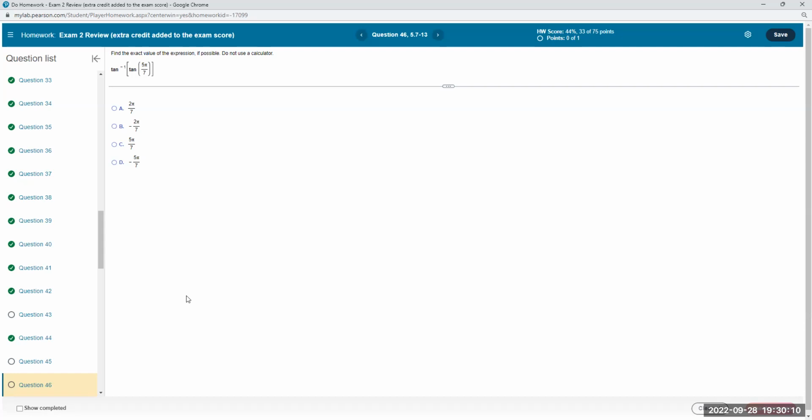So you've got to make sure that your angle is in the right range when you're doing this. The range for tangent inverse is from minus pi over 2 to pi over 2.